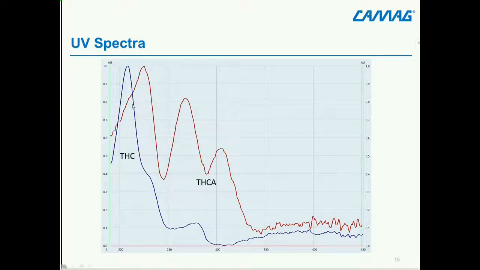During method development, we use the UV spectra mainly to select the right wavelength for each target. And decarboxylated cannabinoids, mainly THC and CBD, can be quantified best at 210 nanometers. And for the acids, we have selected a wavelength of 285, so we use this second maximum.